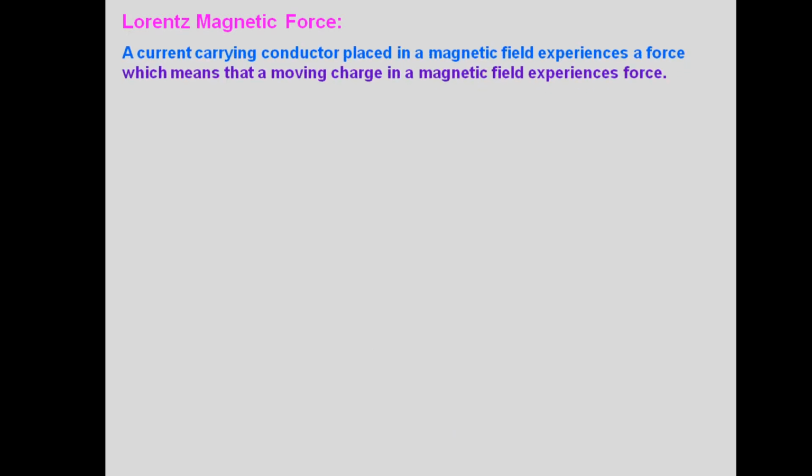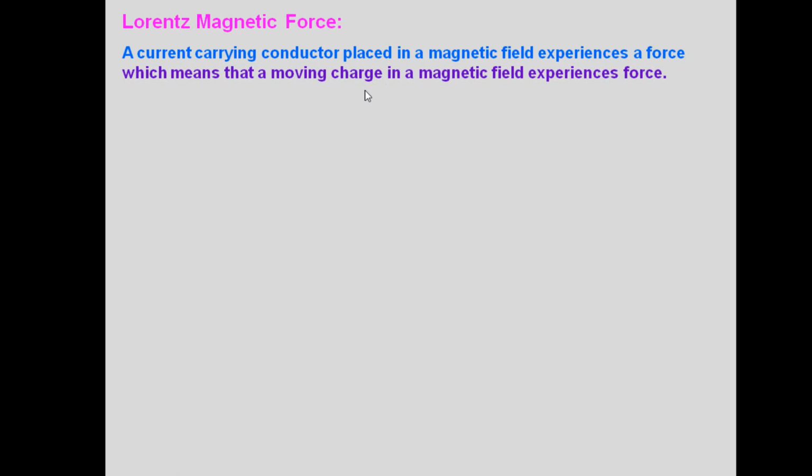First topic is Lorentz magnetic force. Lorentz gave the concept of force experienced by a charge in magnetic field. So according to this, a current carrying conductor, whenever placed in magnetic field, will experience a force, which means that a moving charge in magnetic field experiences force.